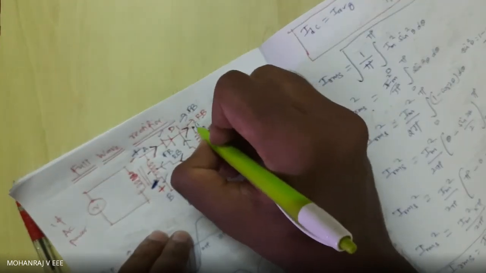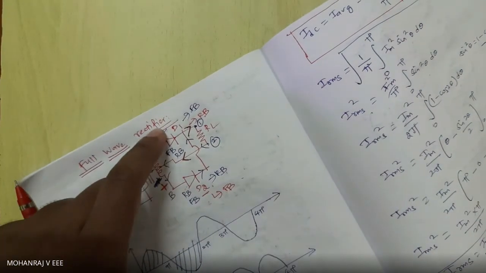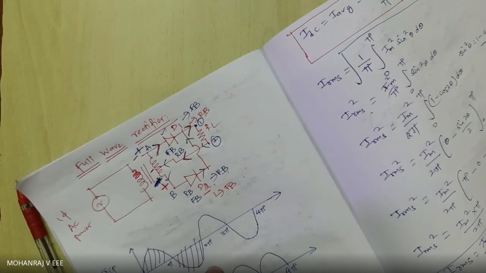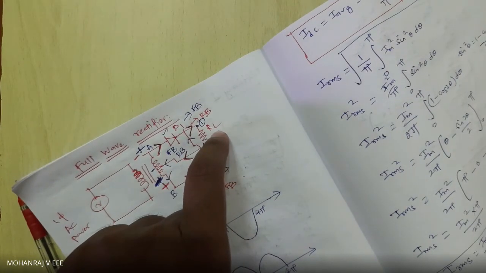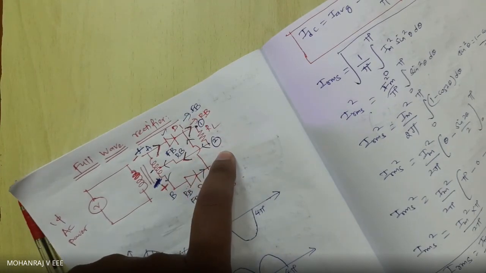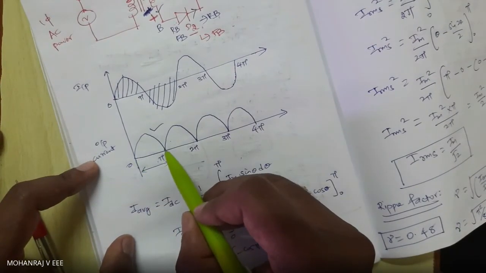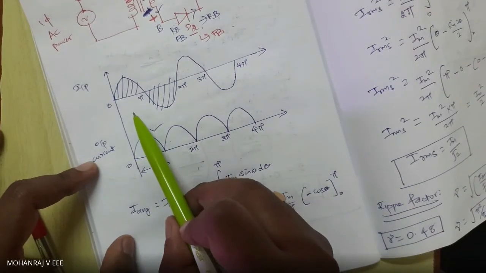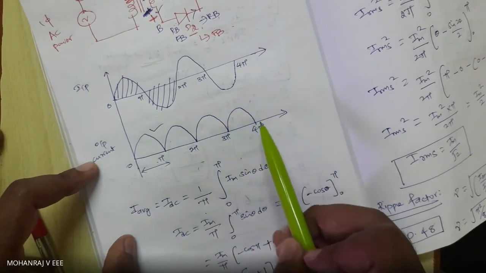Say this is my first point and this is my second point. With D1 on and D2 on, during the positive and negative cycles respectively, the current direction in the load remains the same from point 1 to point 2. So in the output, the current direction is unidirectional. It is not bidirectional. In the input, the current direction is bidirectional, but the output is unidirectional. You have only positive cycles. You don't have any negative cycle.